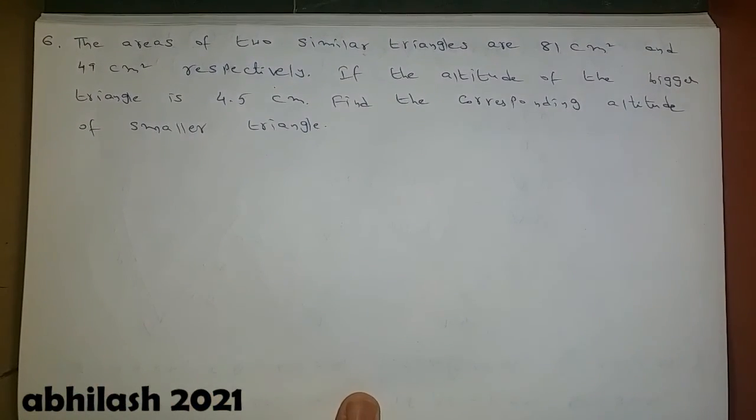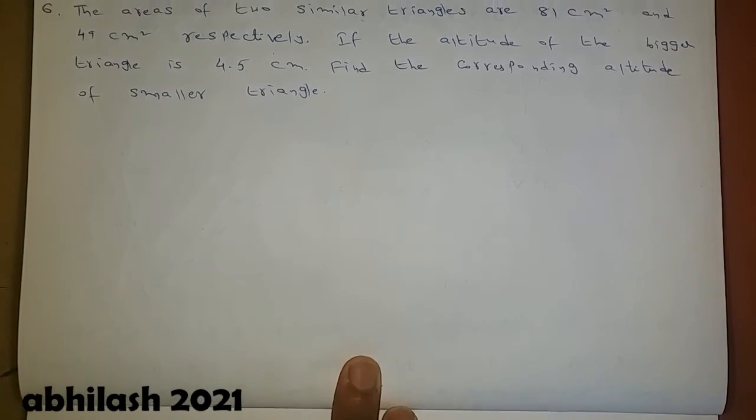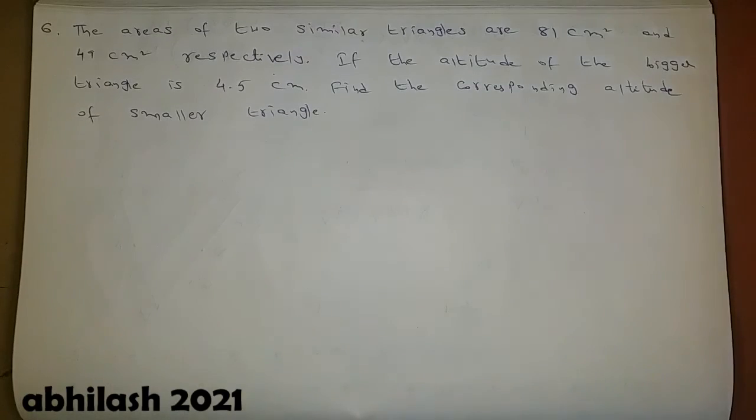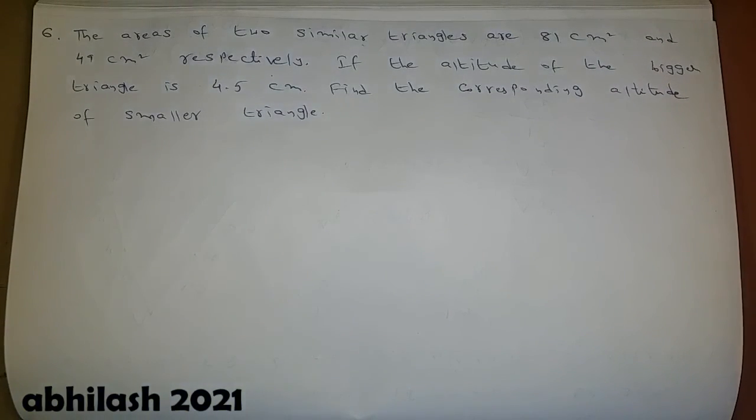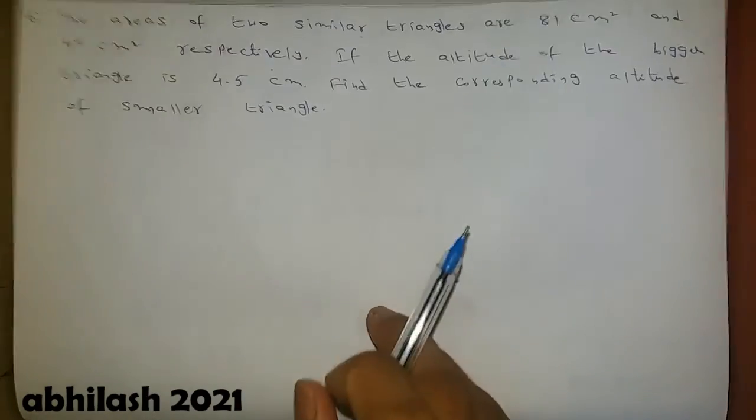The areas of two similar triangles are 81 square centimeters and 49 square centimeters respectively. Then if the altitude of the bigger triangle is 4.5 centimeters, find the corresponding altitude of the smaller triangle.